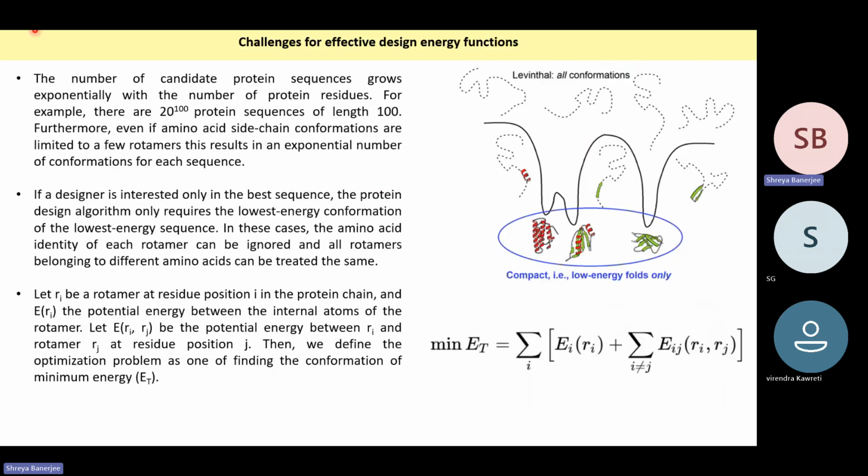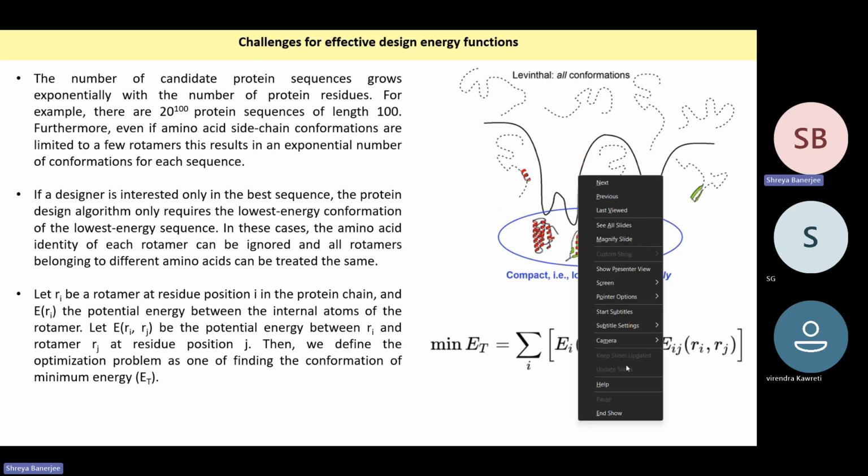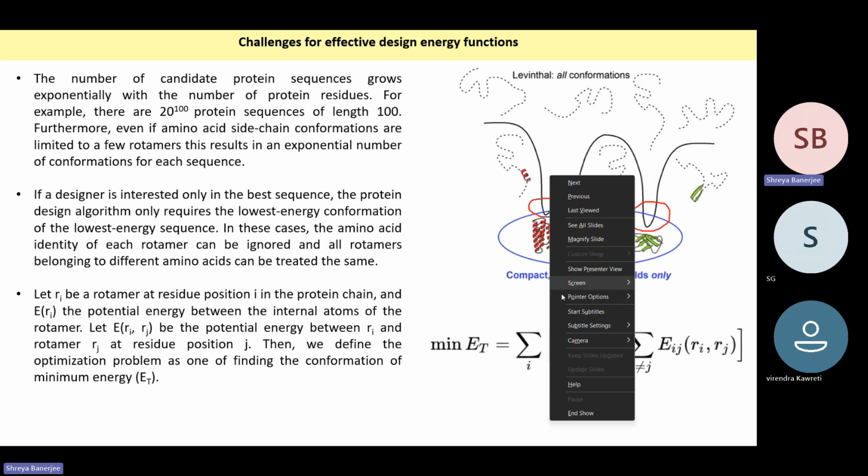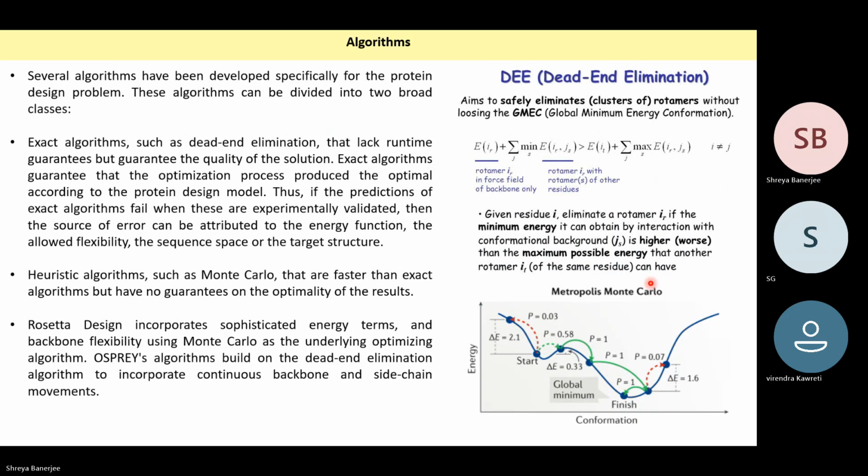So what this means is that suppose one amino acid can have so many rotamers. We need a procedure by which many of the high energy rotamers are eliminated. So you can see we don't need to scan the entire energy landscape. We can just scan the low energy regions. If we scan these regions, that should be enough. So the algorithm will quickly check, and all the high energy rotamers it will eliminate.